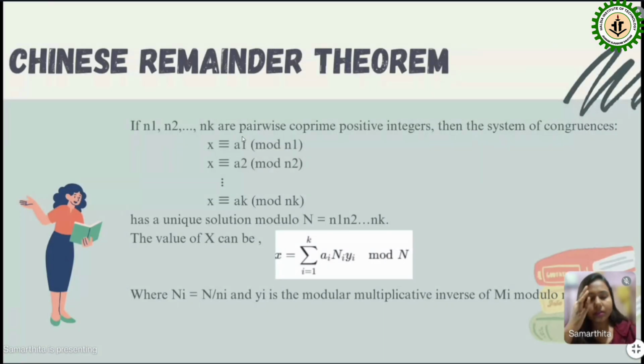And the Chinese remainder theorem statement says, suppose n1, n2 and up to nk are pairwise co-prime positive integers, meaning their GCD will be 1.